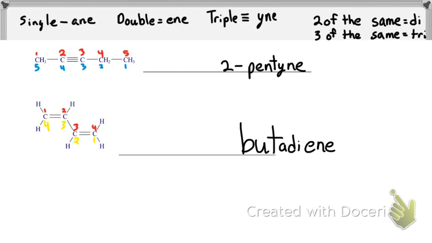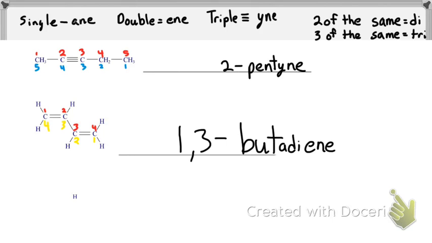So our double bonds either start on 1, 2, and 3, or it starts on 1, 2, and 3. So it either starts on 1 or 3 either way, so we don't actually care which way we number it because it will be the same. The double bond starts on the first carbon and on the third carbon. So this is 1,3-butadiene.